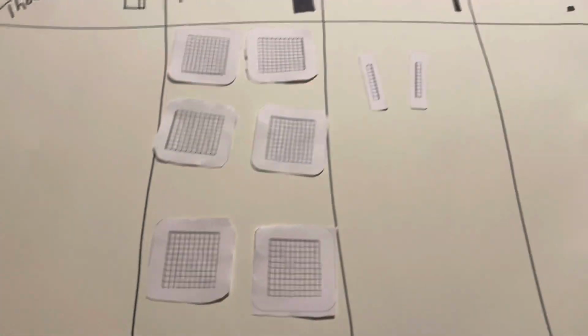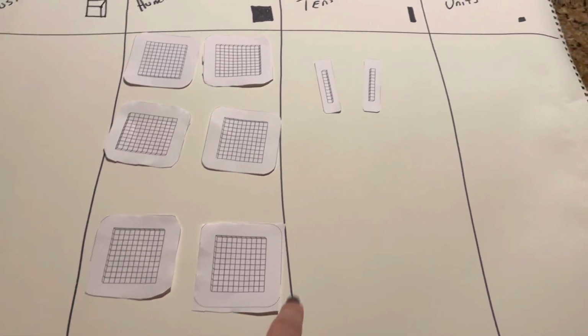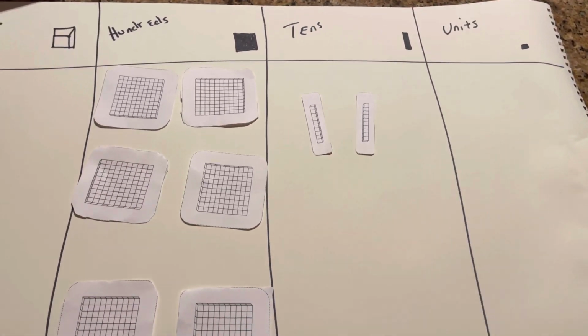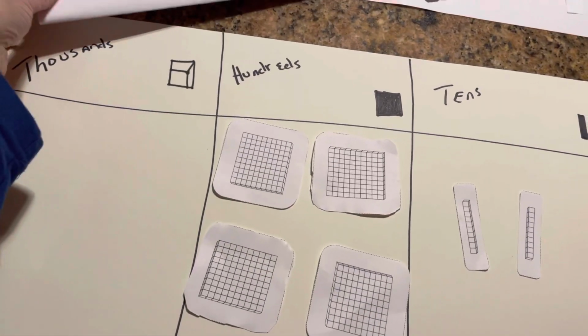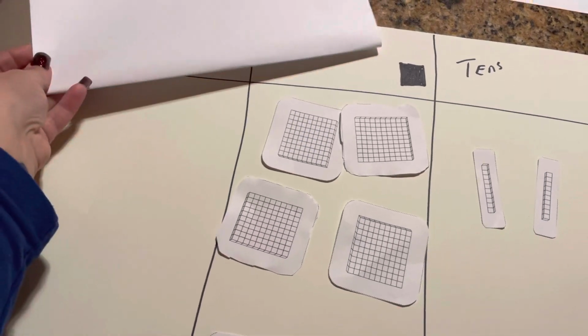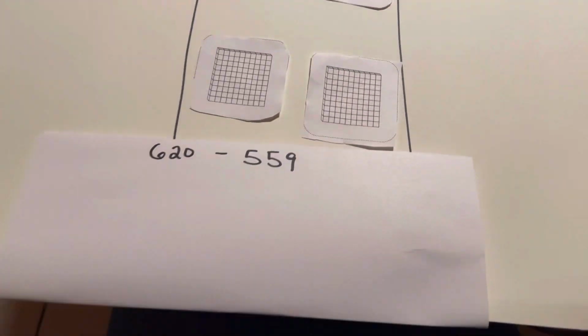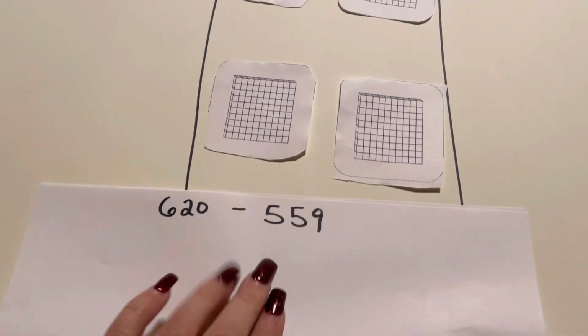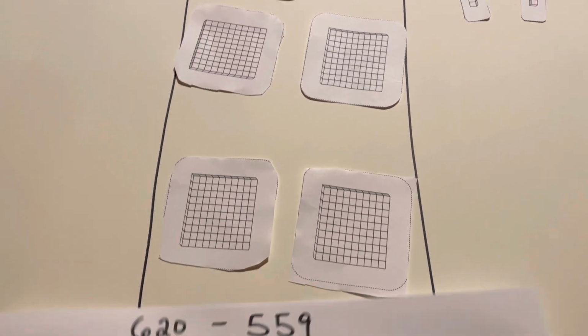In this I have 620, which is 6 hundreds and 2 tens, which is 20, so 620, which is the first part of the problem. And then I have to subtract 559.